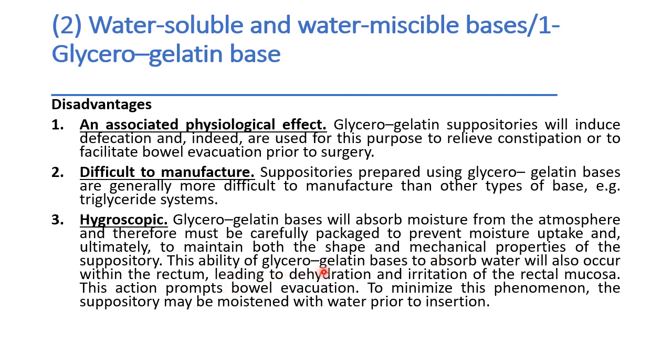The ability of glycerogelatin bases to absorb water can occur also within the rectum. This will lead to dehydration and irritation of the rectal mucosa. And in this way, this base will induce evacuation of the bowel or induce defecation. To minimize this phenomenon, the suppository may be moistened with water before insertion.